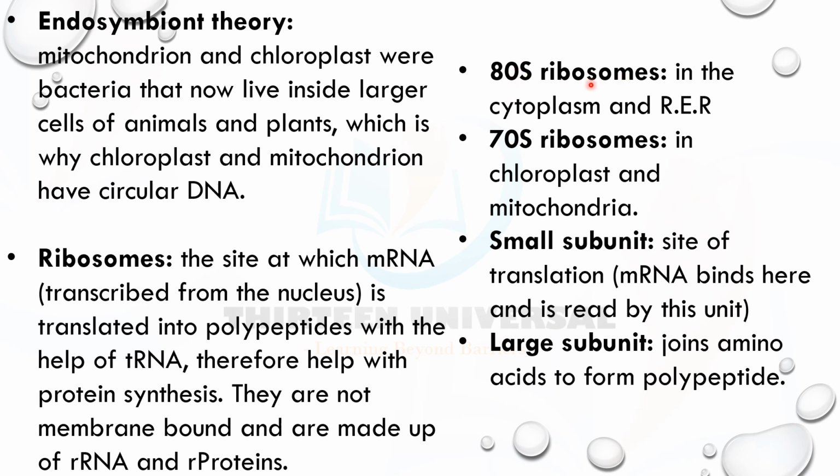So 80S ribosomes, where are they found? They are found in eukaryotic cells, cells that have well-defined nuclear membranes. That means 80S ribosomes are scattered in the cytoplasm of eukaryotes, or attached to the RER in eukaryotes. Is that okay? Then we have 70S ribosomes, very important.